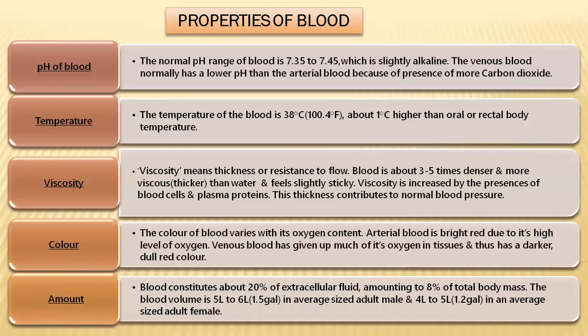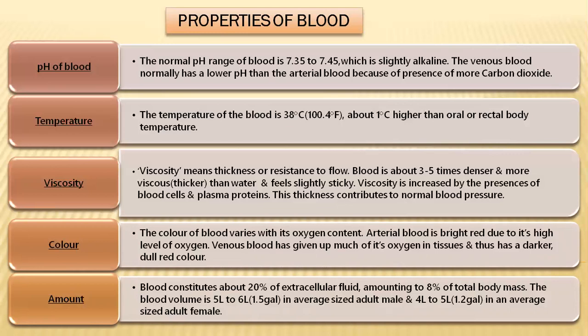The blood volume is more in males as compared to females. In males, you have a blood volume on average of 5 to 6 liters, while in females it's about 4 to 5 liters. So in males, 5 to 6 liters is almost equivalent to 1.5 gallons of blood, as opposed to females, which is about 1.2 gallons.